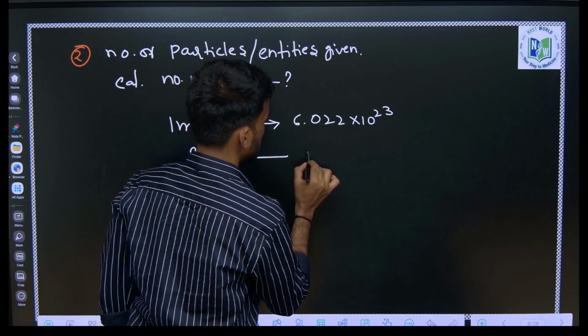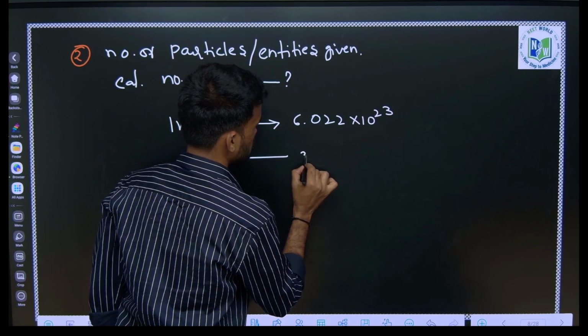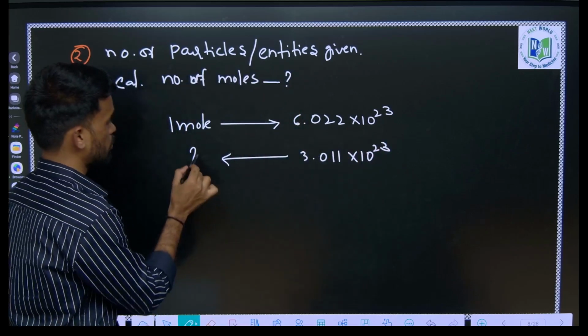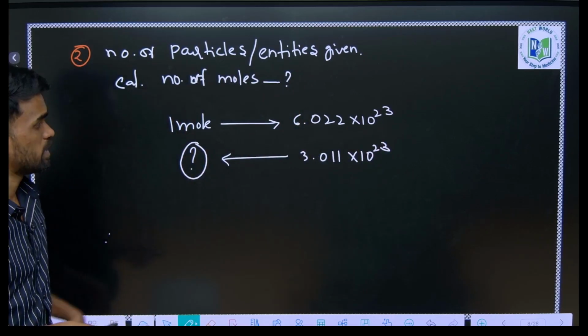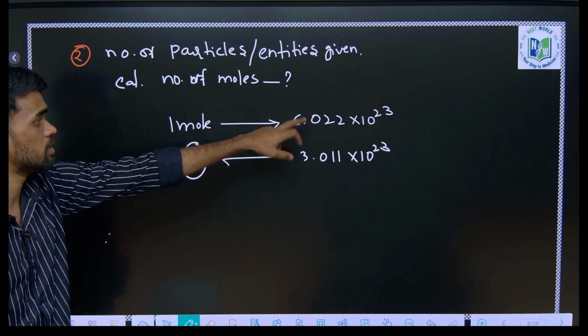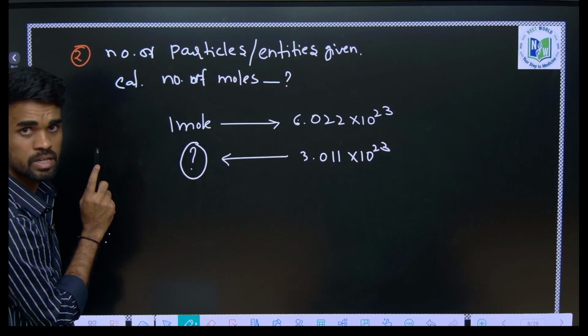So for example, let us say some 3.011 into 10 power 23 particles are given. Now tell me how many moles it is. By looking at the formula, from here to here it is becoming half, so this will also become half.